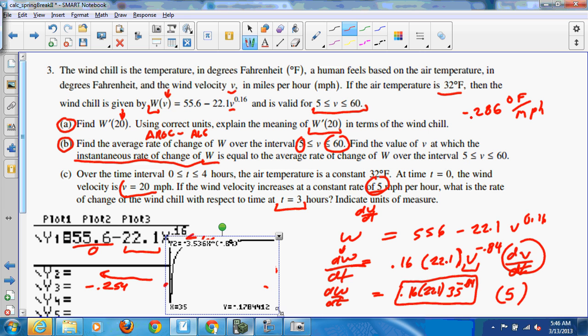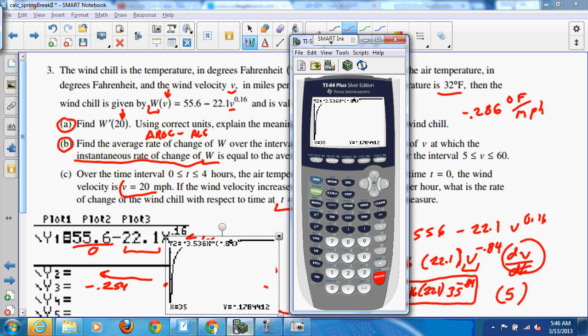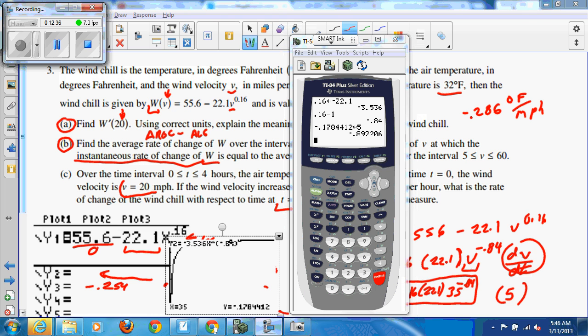We're going to multiply this negative 0.1784412 times 5. Should be done. And looks like it's a negative 0.892206. Alright, so it's kind of a long problem, and I hope you followed along okay.